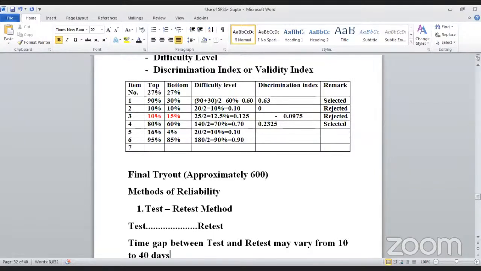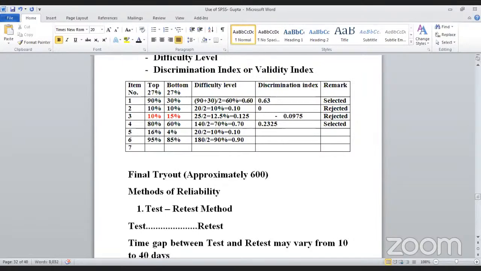So now you have to decide the time gap. And if you see the literature, all those people who have established the reliability using the test-retest method, some of them have used 10 days, some 15 days, some 20 days, and something like that. So you can decide your own.